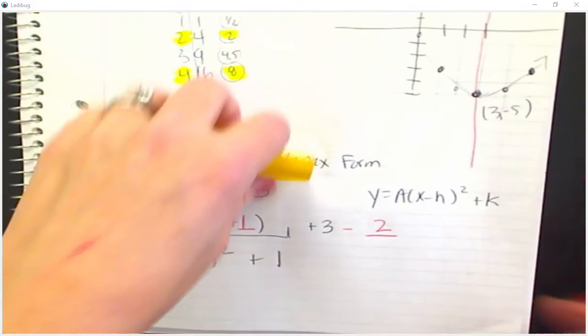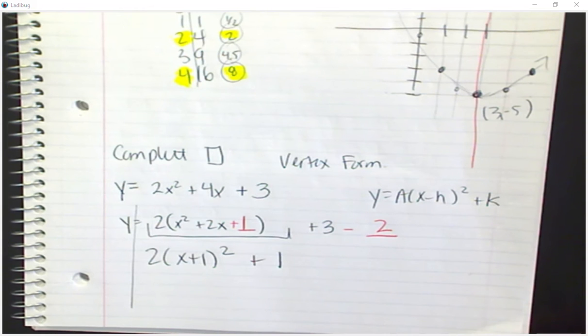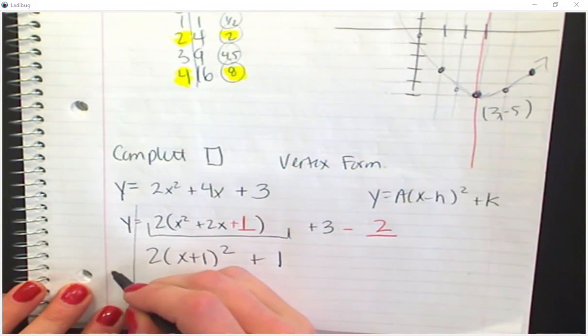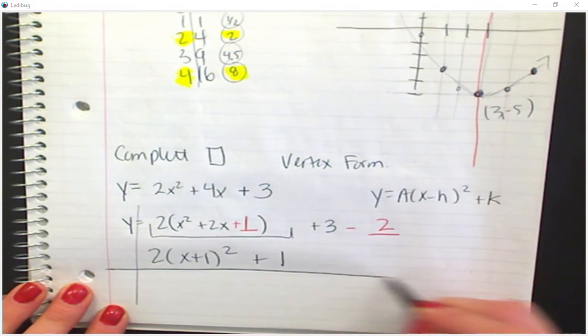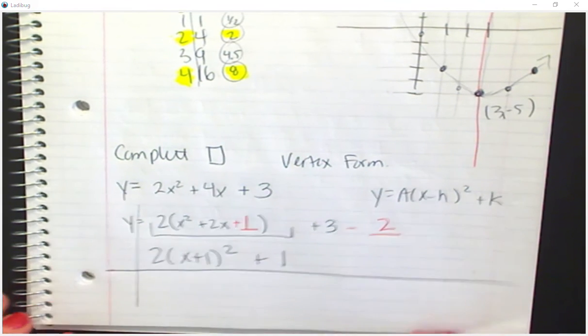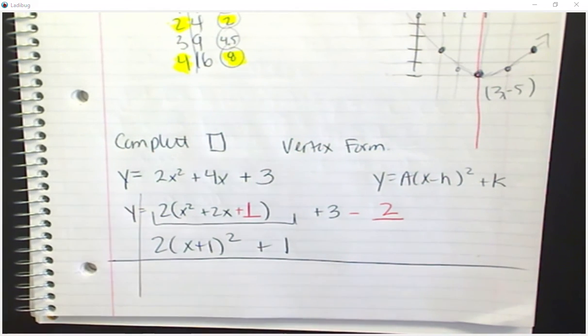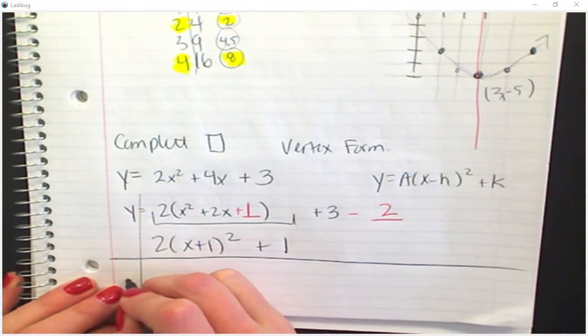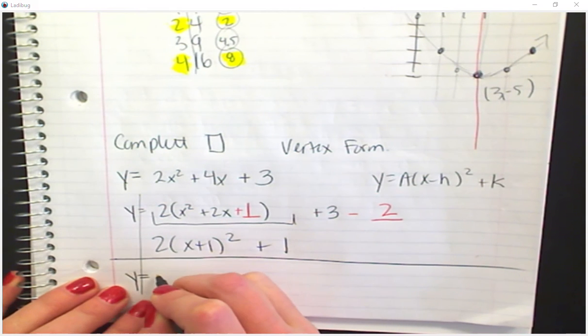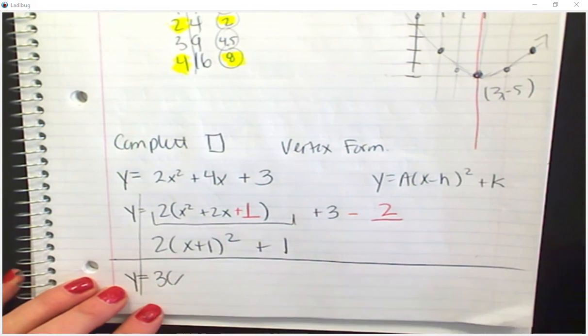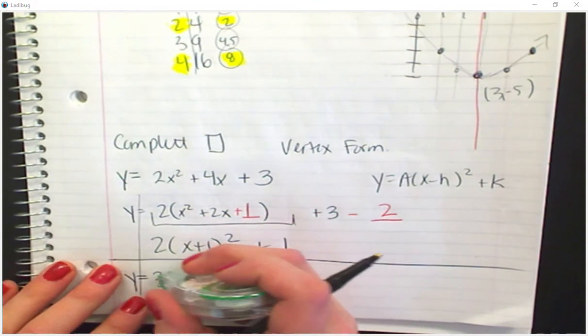Okay, so let's do another one. I'll leave that one up here so you can still look at it if you would like. Okay, complete the square. I want the answer in vertex form. Oh, no parentheses. You guys do have to do the parentheses.